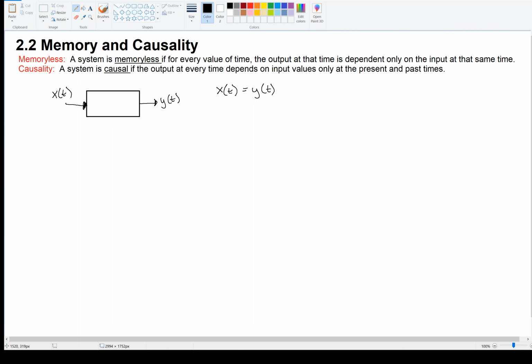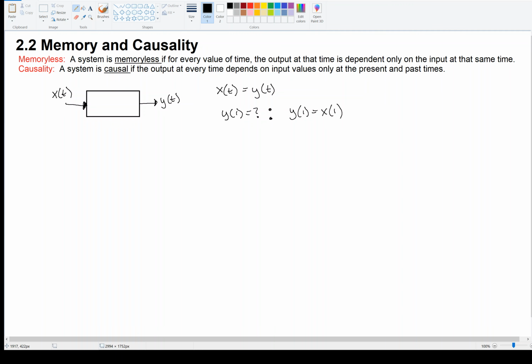Now, let's say I want to know what the output is at t equals 1. So what is the output at t equals 1? Well, according to the identity system, y of 1 is equal to the input at 1 second.